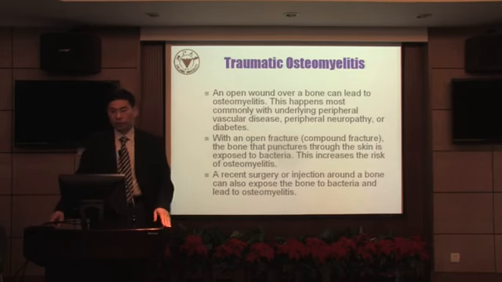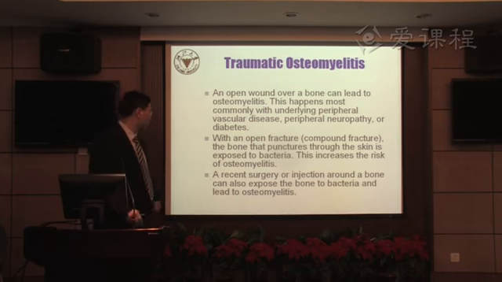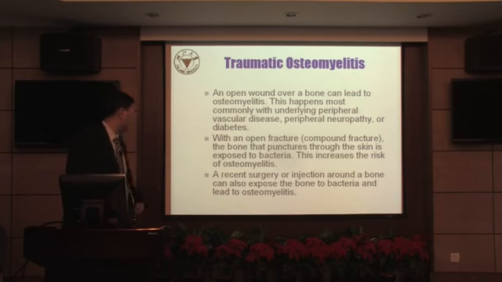With an open fracture, or compound fracture, the bone punctures through the skin and is exposed to bacteria. This increases the risk of osteomyelitis. And the third one we should know is that a recent surgery or injection around the bone can also expose the bone to bacteria and lead to osteomyelitis.